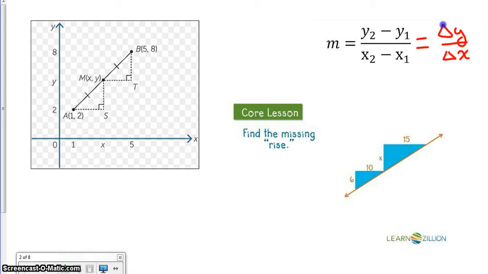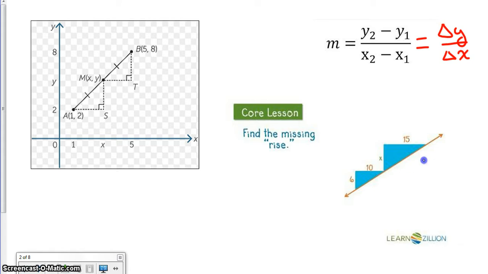Okay? Also know this, for 8th grade mathematics, what you need to realize is that anywhere along this line in the same plane, you will create either congruent triangles or similar triangles. The ratio of change in y to change in x does create similar triangles.